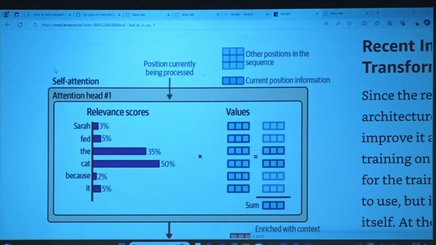If you see the values of each one of them are given, but the two values which will have maximum impact on the value which comes to it are going to come from cat and the. The word cat and the word the bring in the highest values into it. Okay. Now this is the attention mechanism.